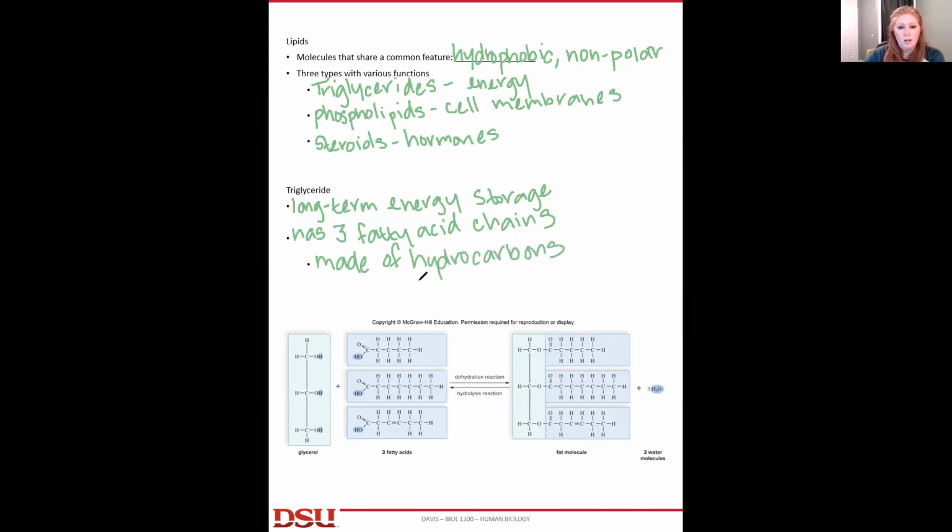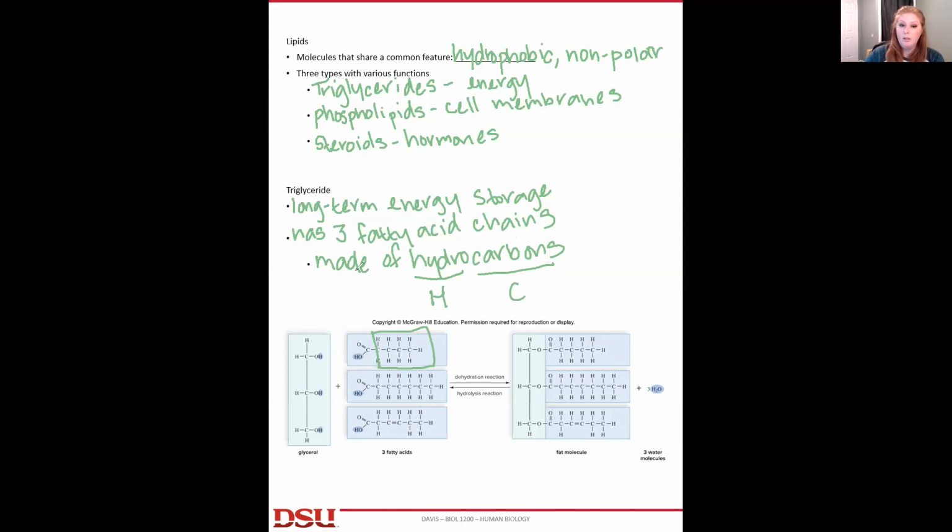Hydrocarbons are quite simply made up of hydrogen and carbon. That means that you normally see something like this. You see this carbon backbone with lots of hydrogens hanging off of it. Okay, that's a hydrocarbon.